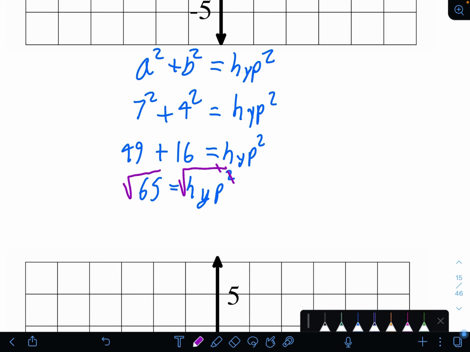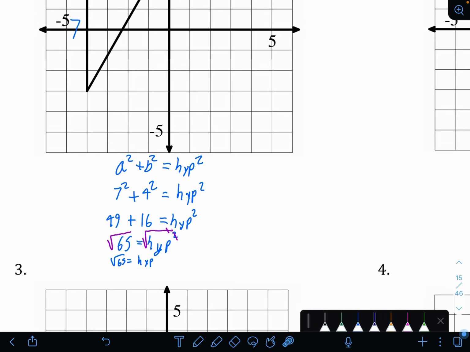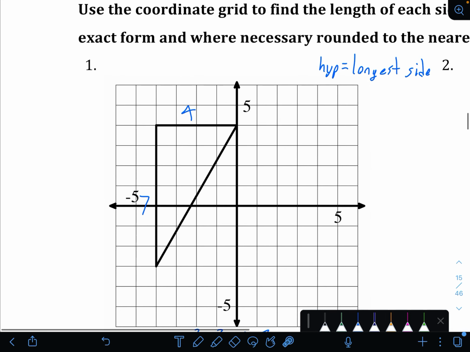So we take the square root of 65, and that tells us that the square root of 65 is equal to the hypotenuse. Now notice that the square and the square root canceled each other out, so I don't need to write them anymore. And that's our hypotenuse for problem number 1, the square root of 65.